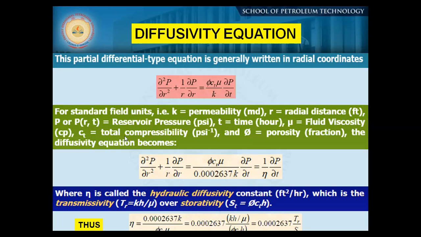We have discussed fluid compressibility, pore compressibility, as well as rock compressibility. So c_t is the total compressibility, and phi is the porosity. Okay. So in the diffusion equation, the double partial differential equation, if I differentiate this into two terms, one is your storativity and one is your transmissivity.